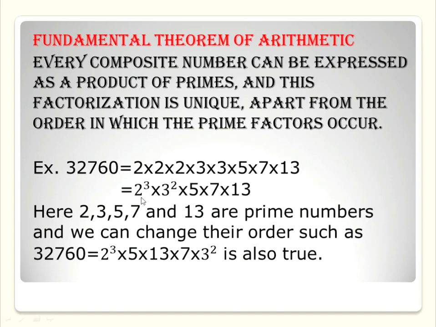Here we can see that 2, 3, 5, 7 and 13 are prime numbers, and we can change their order such that we can write this product as this. We can change order of their numbers. But this factorization is unique. We can only change their orders.